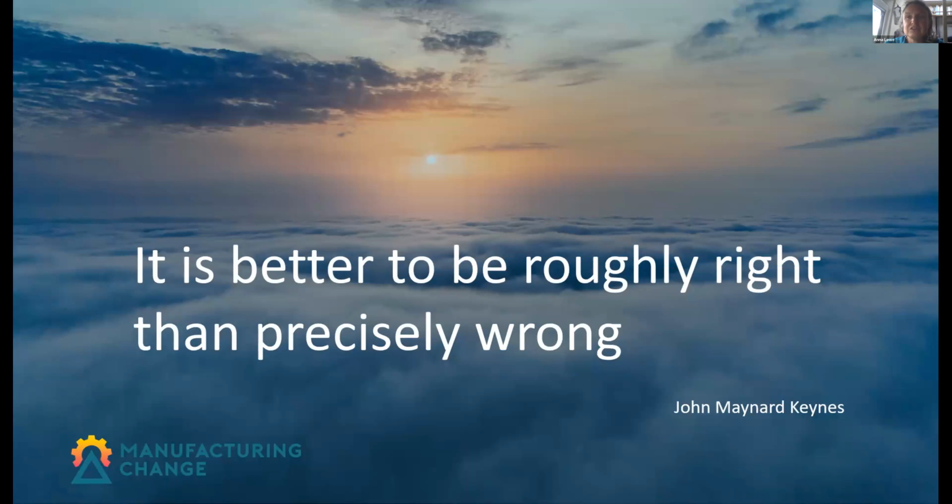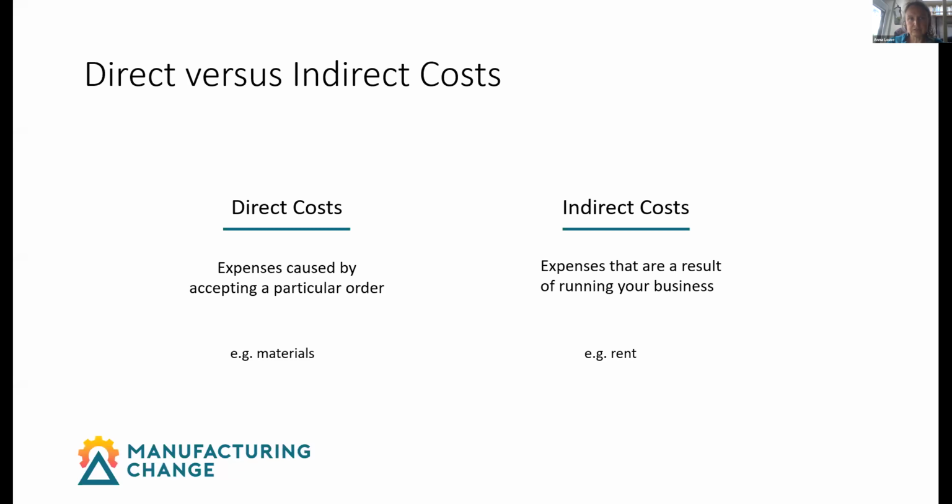So don't spend a lot of time working out with precision something that isn't going to make a big difference to the overall numbers. But do make sure you've got all the big categories of costs included. So on that note, we're going to dive into talking about some different categories of costs.